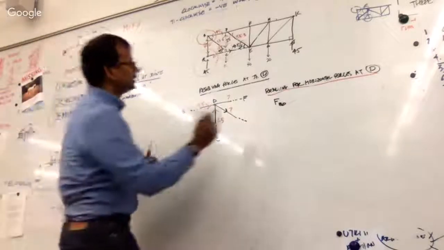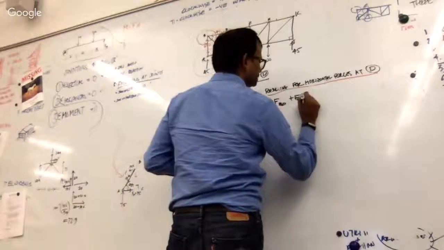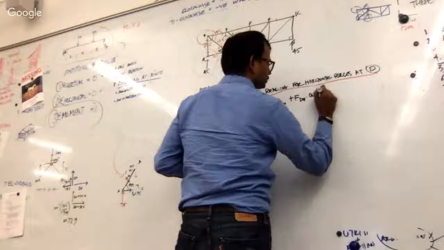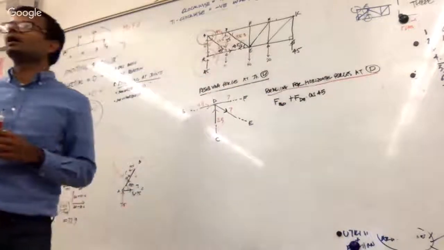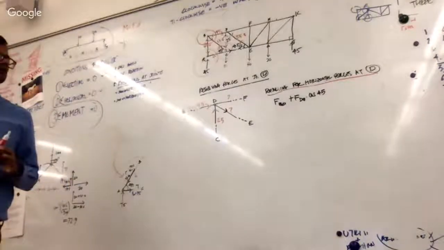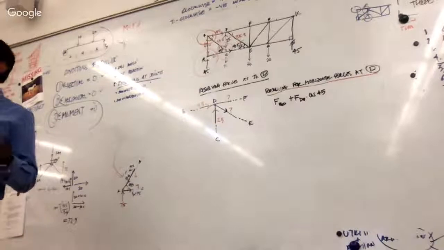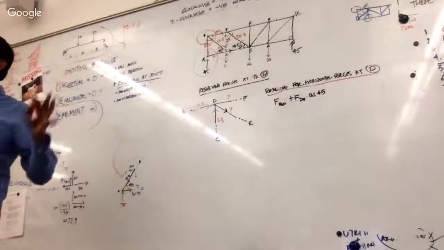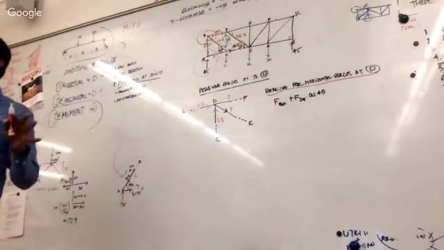Does DE count? Yes. Plus FDE times cos 45. I did minus because that's what we did last time. Why is this one plus? Because they're in the same direction. Well, you don't know the direction yet. Just list it down for the time being.